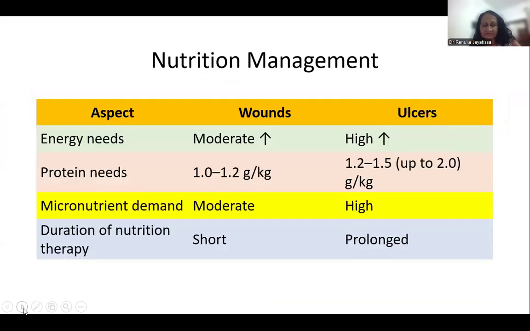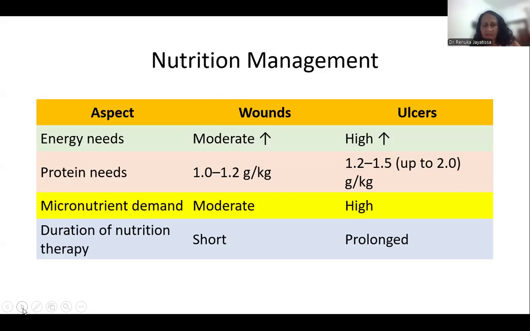Next slide. So when we look at nutrition management, this is a summary of what I have been discussing all this time. There are two parts: wounds and ulcers. In wounds, the energy need is usually moderate, but in ulcers, it is very high.